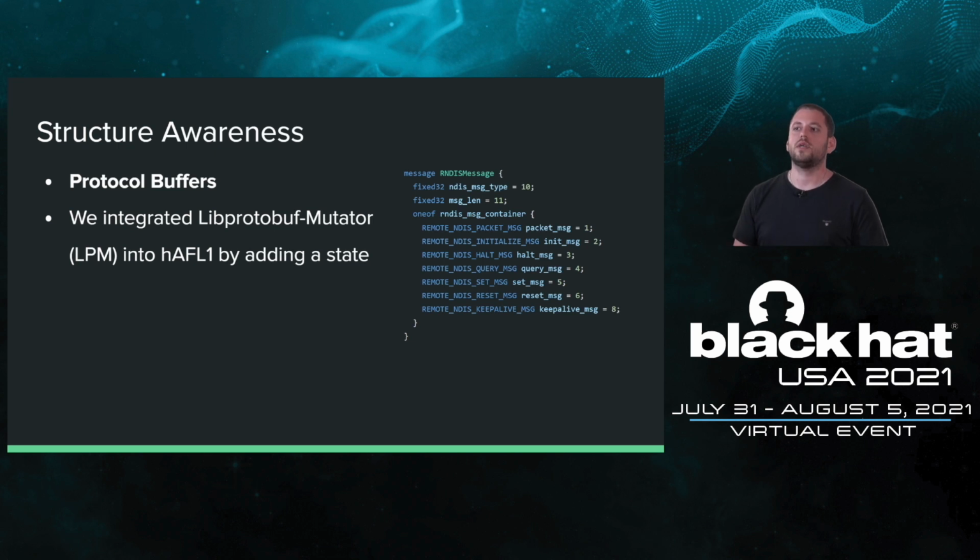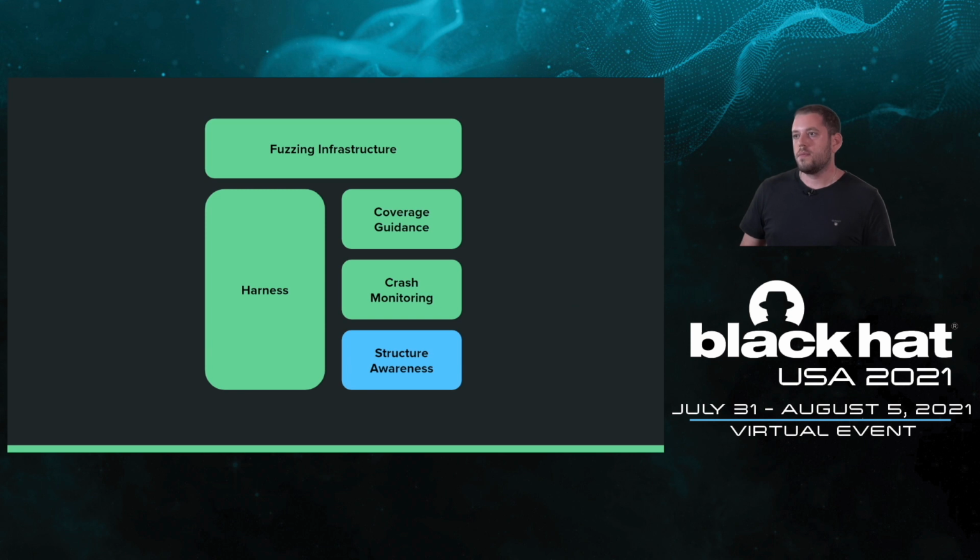So that means that we integrated it into hAFL1 and we were able to generate NDIS packets according to the specification during runtime. And this was the last component, and we've completed our whole end-to-end fuzzer infrastructure.